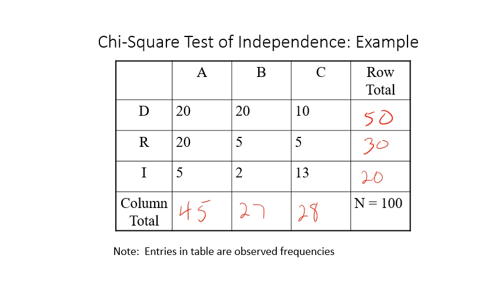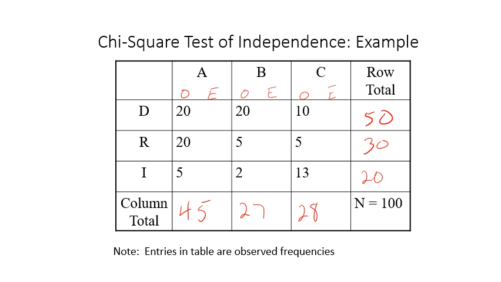Now, I'm not going to go into all of them on this one, but to get expected, I'm going to write observed here, because these are observed. Next to that, you can put your expected values. So we've got our observed and our expected values.